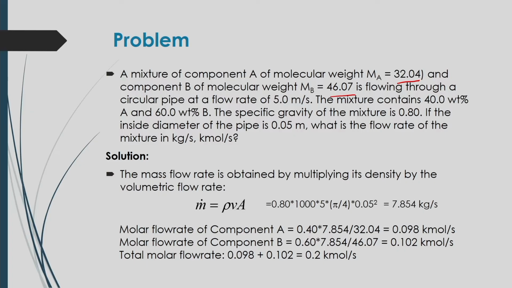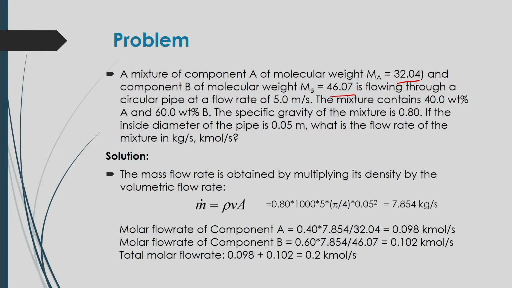Now, the mixture contains 40 weight percent of A and 60 weight percent of B. In this case, the specific gravity of the mixture is given to you as 0.80. Now, if the inside diameter of the pipe is 0.05 meter, then what should be the flow rate of the mixture in kg per second or kilomole per second.